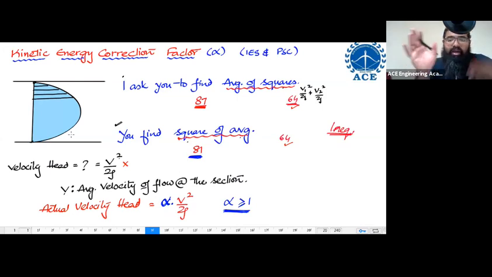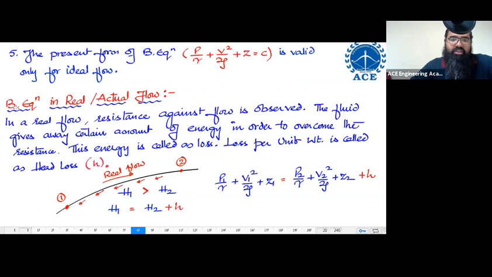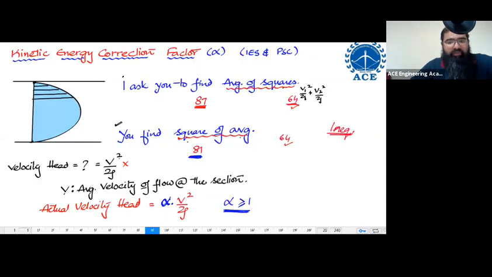I hope the idea is now clear. Then I can write down some notes. We are not assuming an ideal fluid from here on. Once we have defined the Bernoulli equation for real flow, from here on we are going to apply the Bernoulli equation for real flow only.